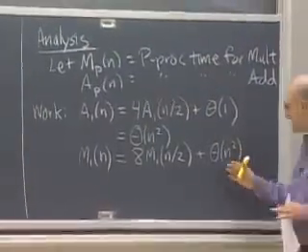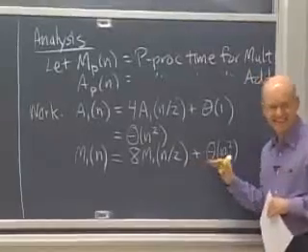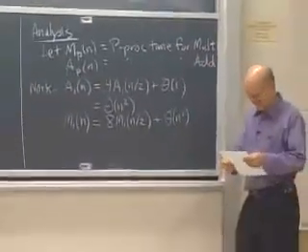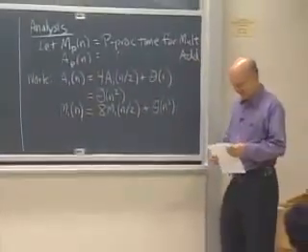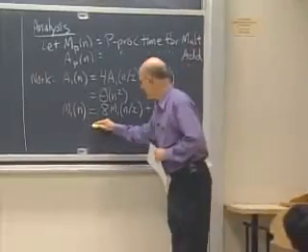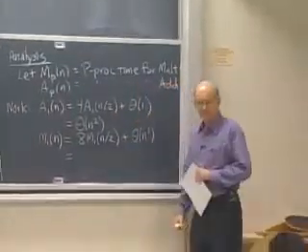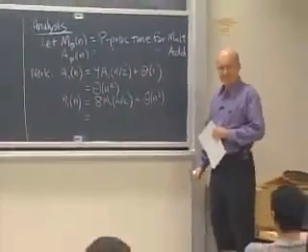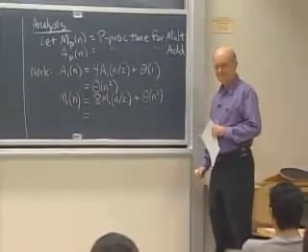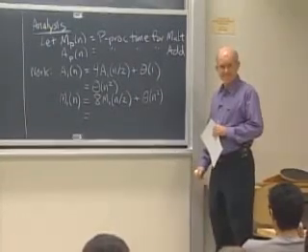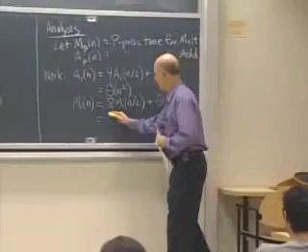Isn't asymptotics great? Okay, so what's the solution to that one? Theta n cubed. Why is that?